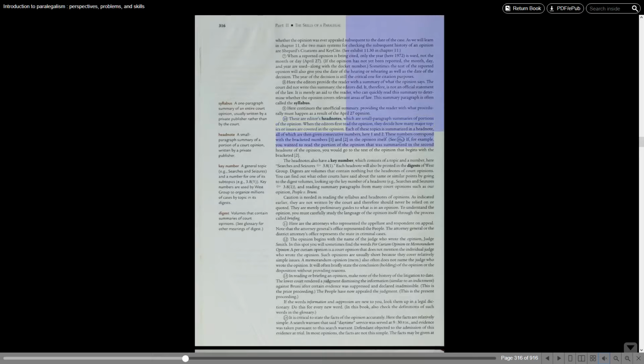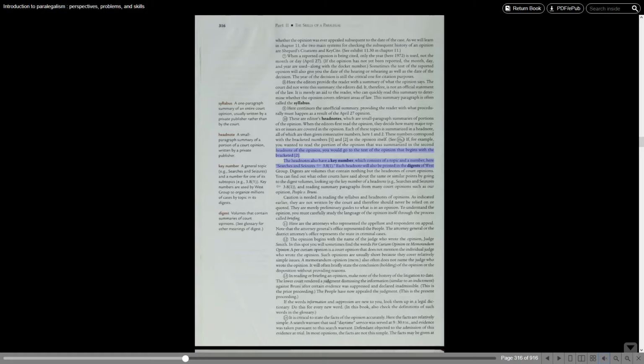Each of these topics is summarized in a headnote, all of which are then given consecutive numbers, here 1 and 2. These numbers correspond with the bracketed numbers, [1] and [2], in the opinion itself. See below. If, for example, you wanted to read the portion of the opinion that was summarized in the second headnote, you would go to the text of the opinion that begins with the bracketed [2].